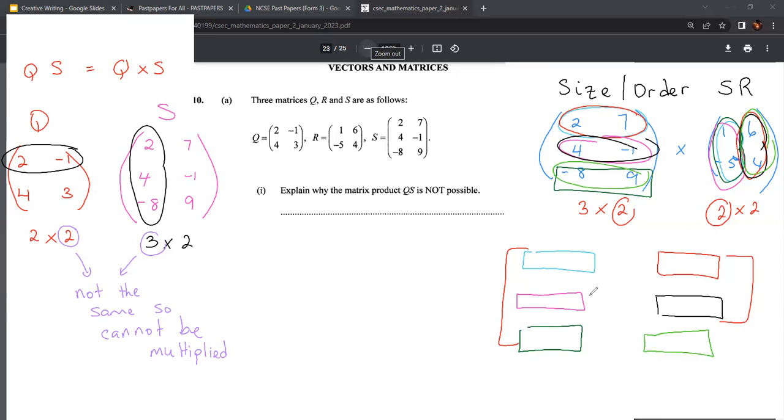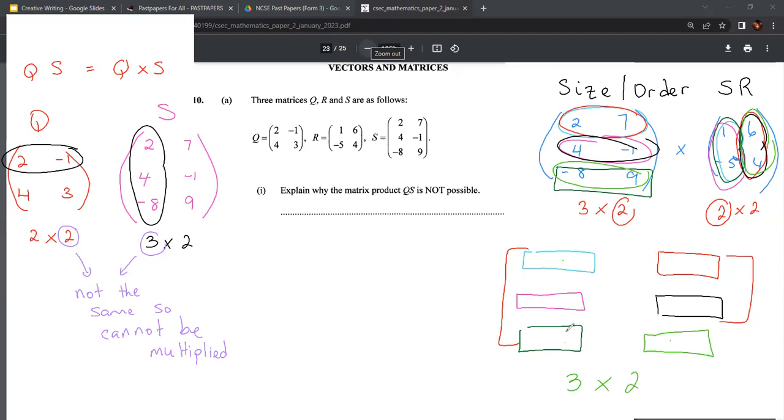So your answer would have had one element here, another one here, another one here, another one here, another one here. You can think of these as numbers. So you would have had 1, 2, 3 rows by 1, 2 columns.